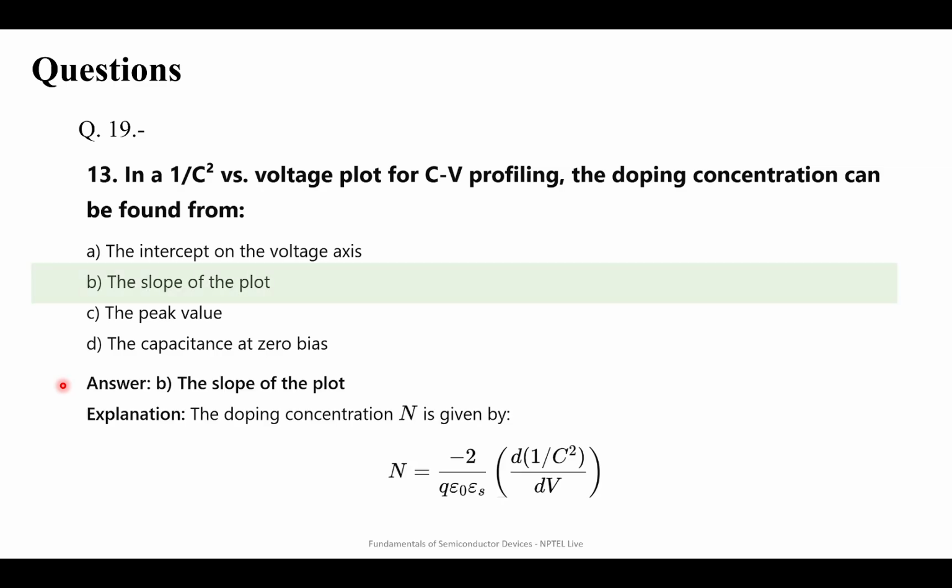That is correct. The answer would be the slope of the plot. So the doping concentration is calculated as minus 2 by q epsilon, and then the slope of 1 by C square versus V. So from the slope you can calculate your doping concentration.